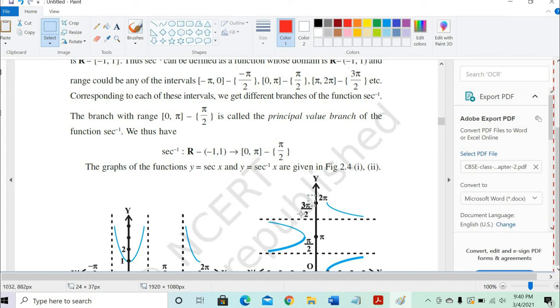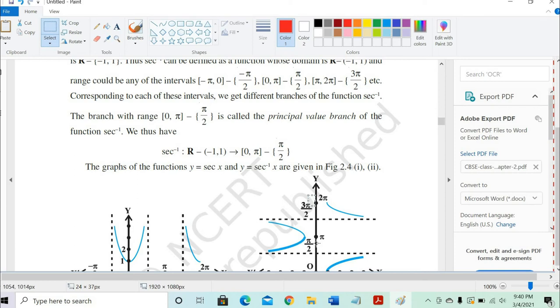What will be the range now? The range will be 0 to pi, except we don't want to include pi by 2 in this case, because that's not defined.